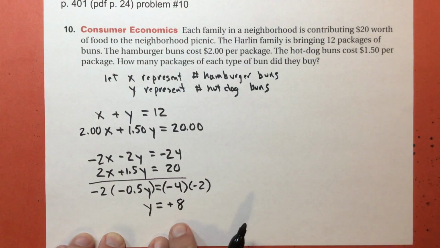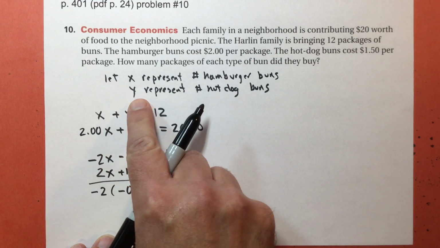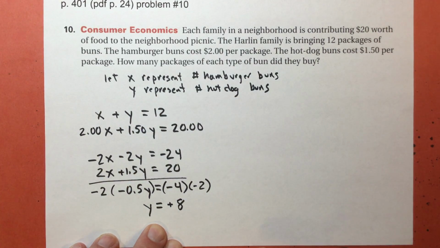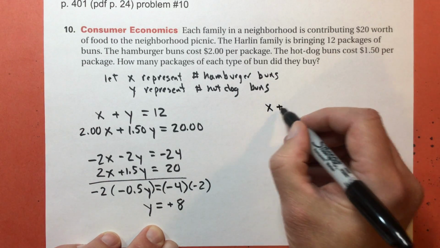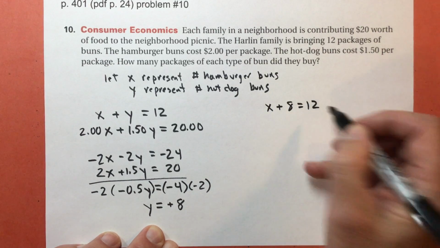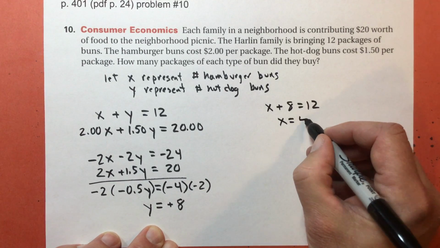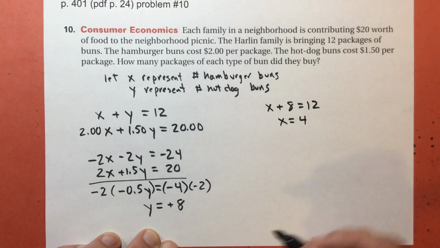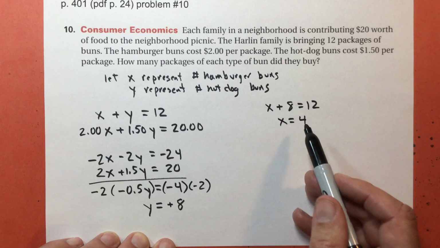So it looks like I'm going to have y equals 8. What does y represent? Hot dog buns. And since they brought 12 total, x plus 8 equals 12, so that tells me that x equals 4. You can do 12 subtract 4. So it looks like 8 hot dog buns and 4 hamburger buns.